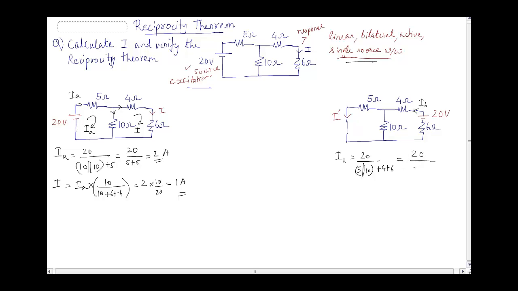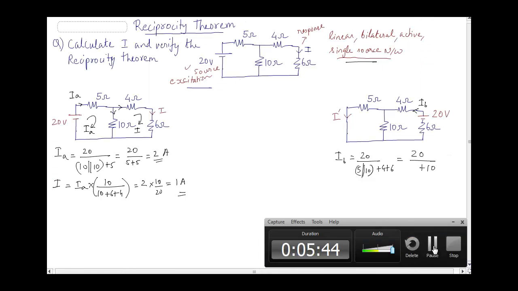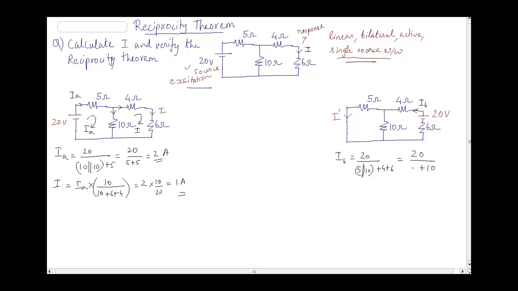So that is 20 divided by 4 plus 6 is 10, and the parallel value of 5 parallel 10 will be 3.33, from which I will get the value of IB is equal to 20 divided by 13.33, and that I can actually find out, 20 divided by 13.33 and get the answer as 1.5, or I can just leave it like that and then straight away use it to find I dash by current division rule.